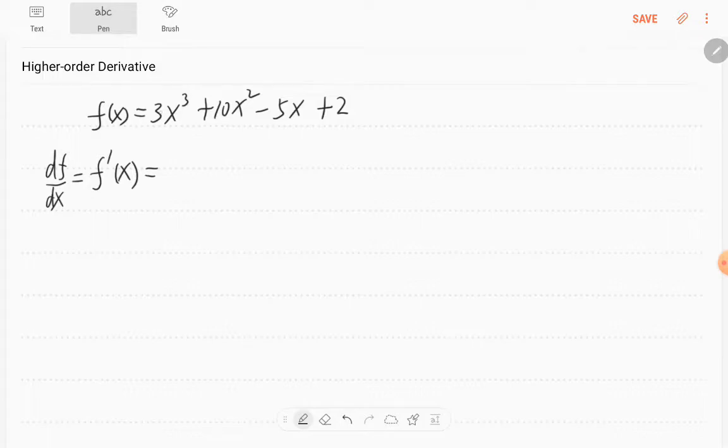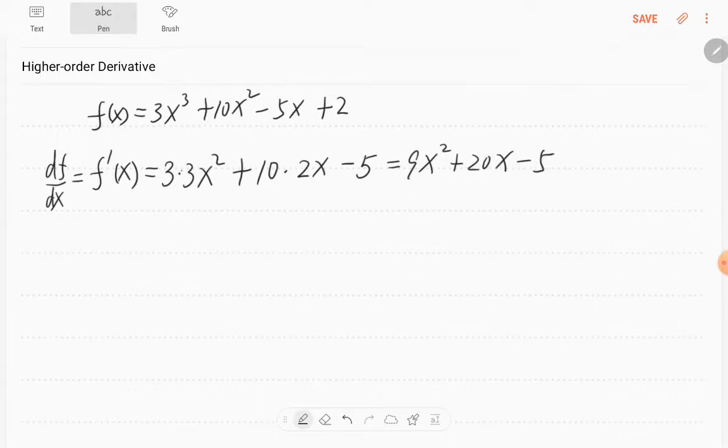The constant 3 stays, times the derivative of x cubed, which is 3x squared, plus 10 times the derivative of x squared, which is 2x, minus the derivative of x, which is 1, so it's minus 5, plus the derivative of 2, which equals 0. So you will have 9x squared plus 20x minus 5.